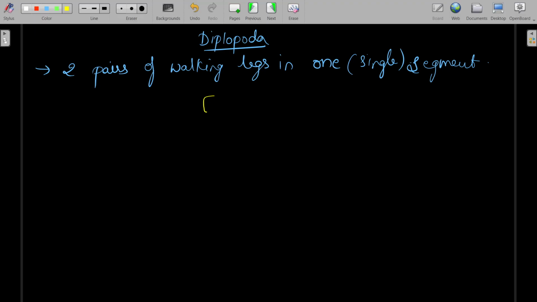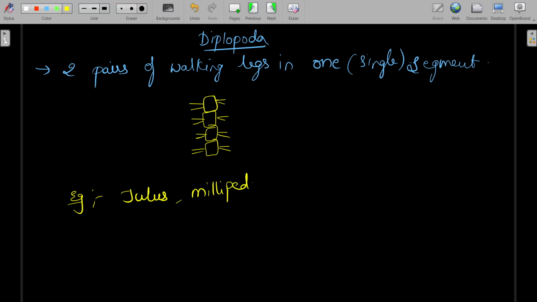So it looks like this. These are the segments, and you have two pairs of legs. Okay. So examples of this Diplopoda are Julius and Millipede.